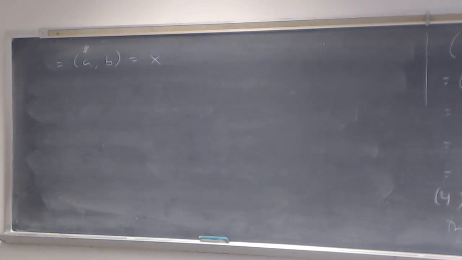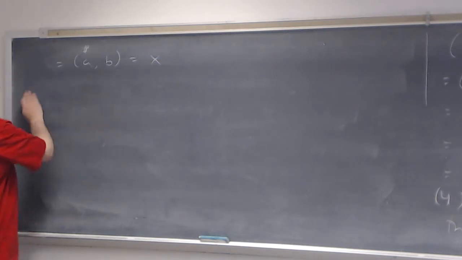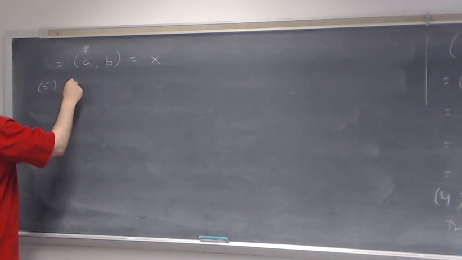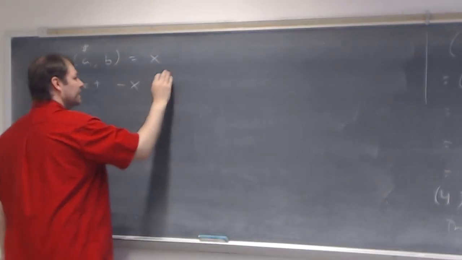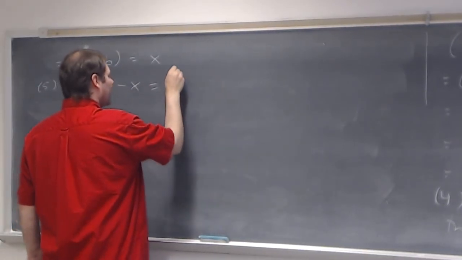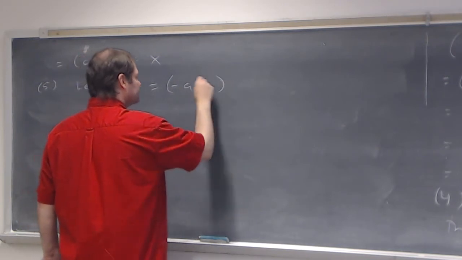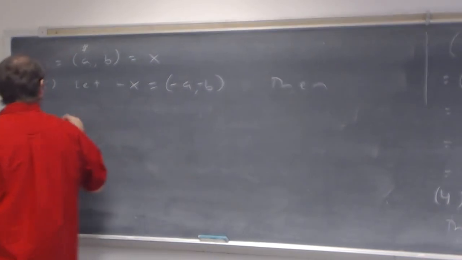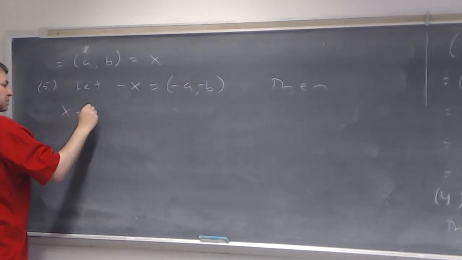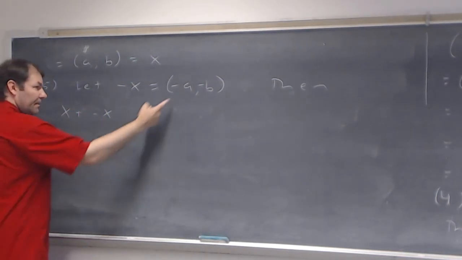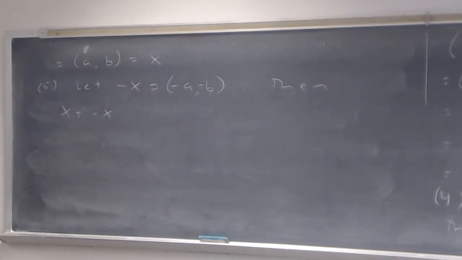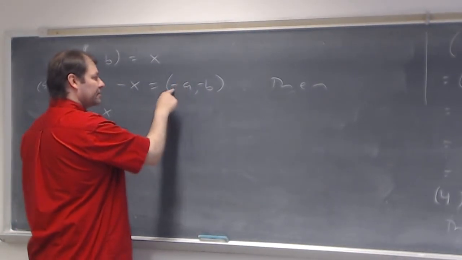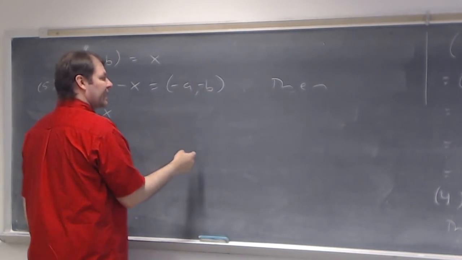Okay? And then we want the additive inverse. So here, for additive inverse, we're going to define, or let minus x be equal to (minus a, minus b). Then, when you take the complex number x plus minus x, it is a complex number because a is a real number, so minus a is a real number. b is a real number, so minus b is a real number.